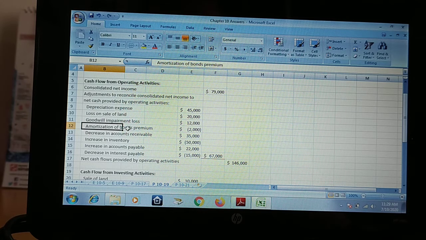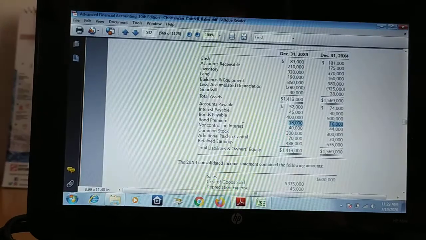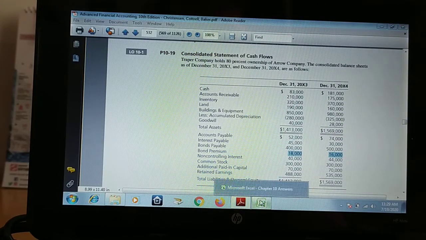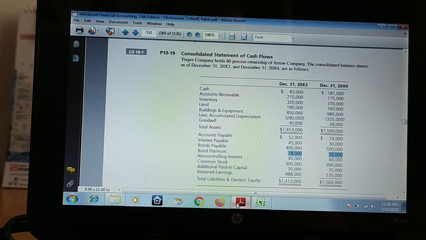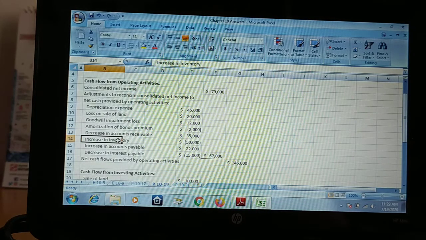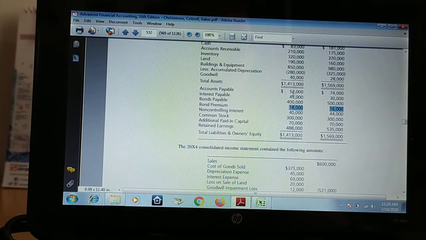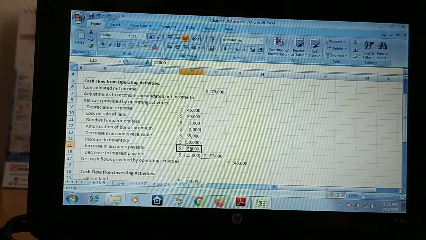If it is a discount, then you add it back, because for a discount the interest expense is more than the cash paid. Meanwhile, for a premium, you subtract it. Then we go to the current assets. Accounts receivable decreased, so it is positive. Inventory increased, so it is negative. Accounts payable increased, so it is positive also.